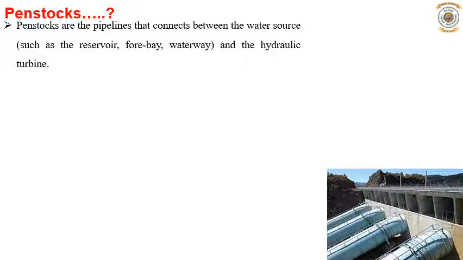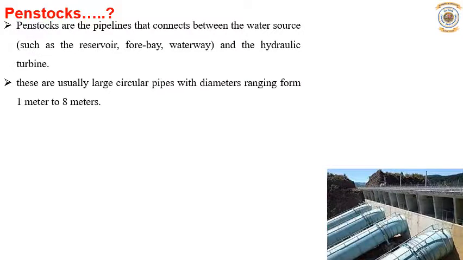The main purpose is to supply the water at some pressure. These are usually large circular pipes with diameters ranging from 1 meter to 8 meter.